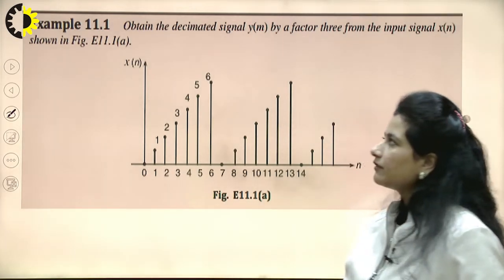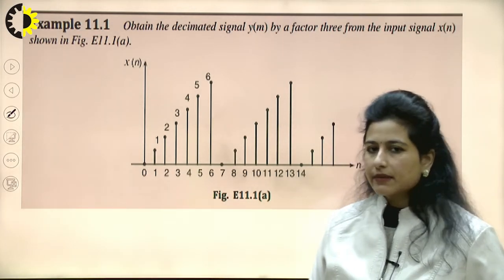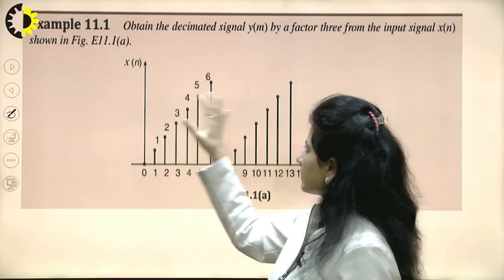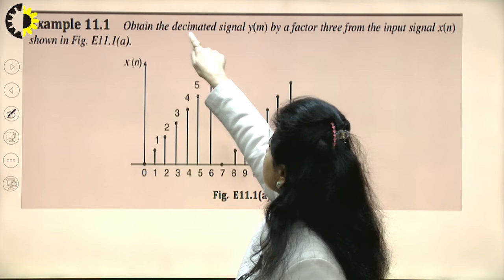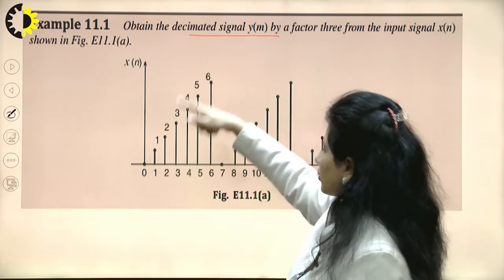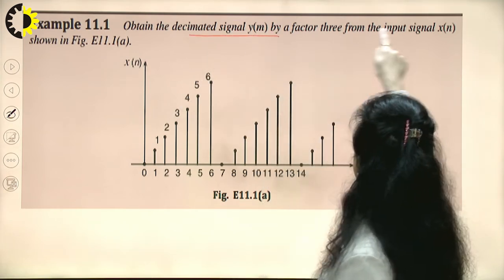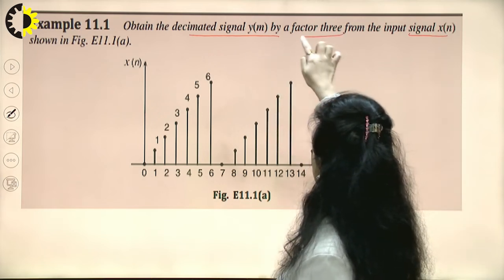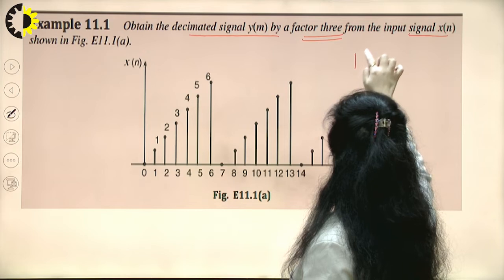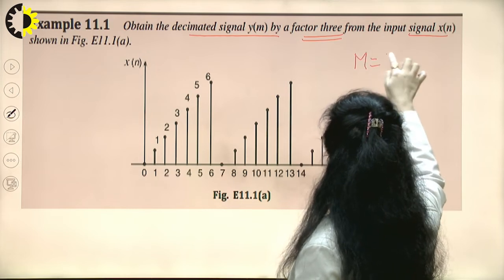In a normal case, let's see the effect of decimation on a signal having certain discrete values. I need to obtain a decimated signal y[m] for this given signal x[n], and I need to decimate by a factor of 3. That means the capital N given here is 3.